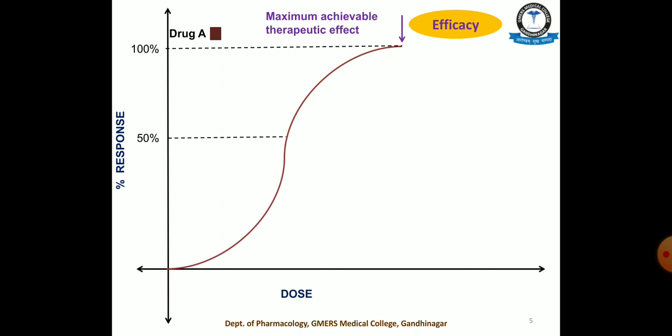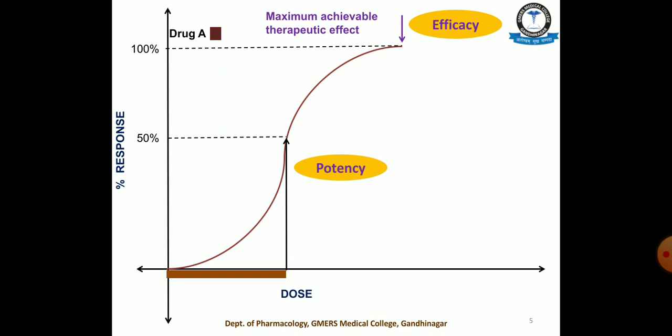Now you choose another point, say for example the dose with which 50% of the response is produced. So for 50% of the response, the required dose is this much, and that is known as the potency of the drug. So what is potency? Potency is the amount of the drug required to produce a certain response.